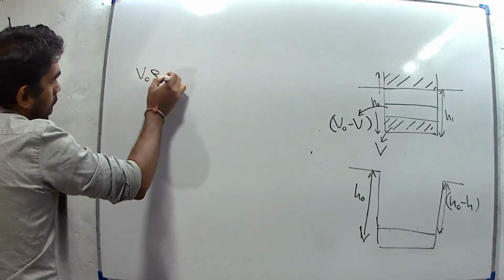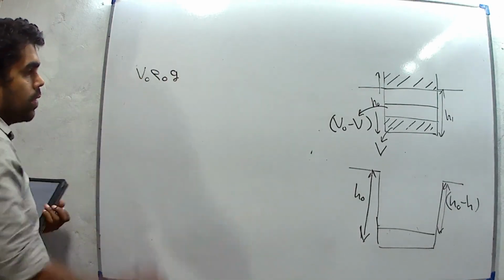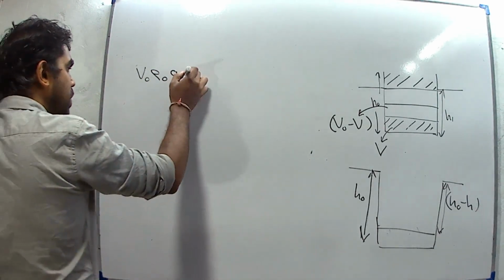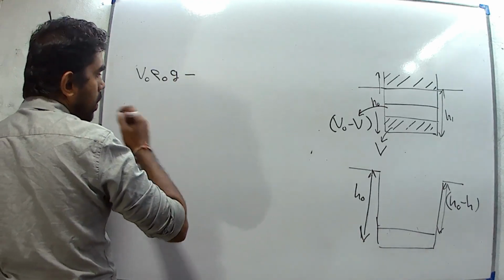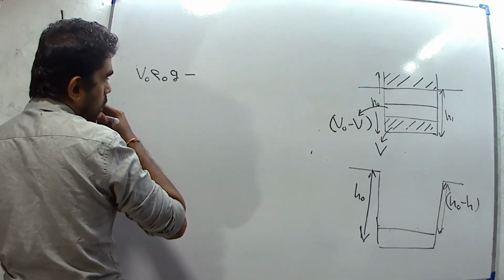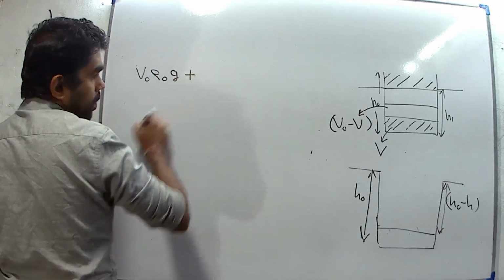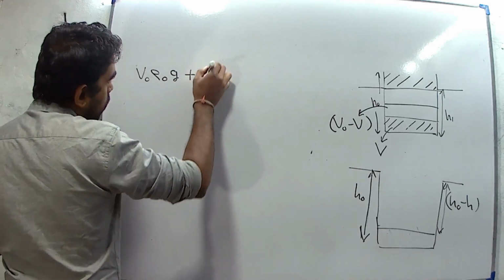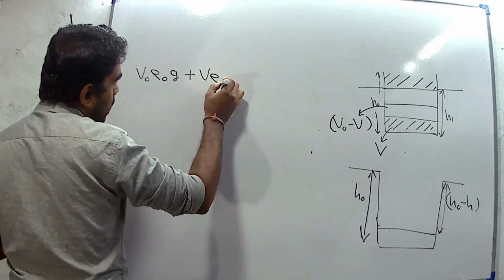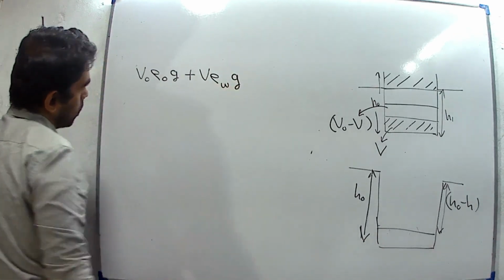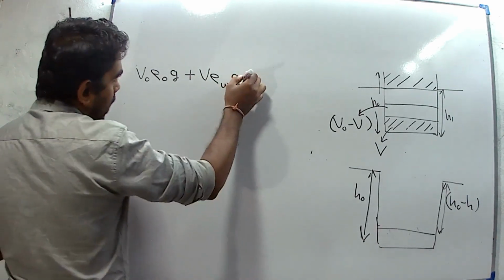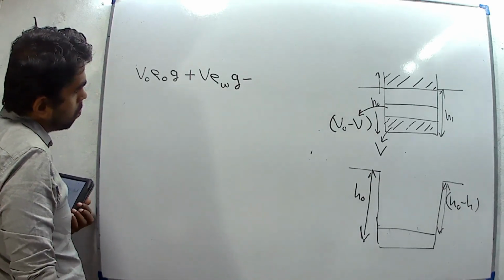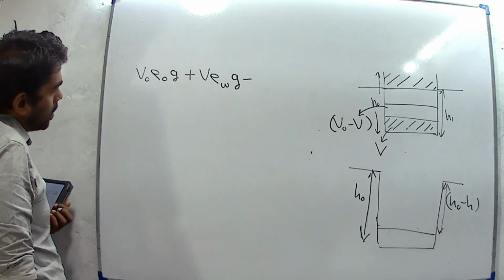V0 rho oil G is the initial oil weight. We can add the used water volume V, the used water weight V rho W G, and we have to subtract the removed oil mass.